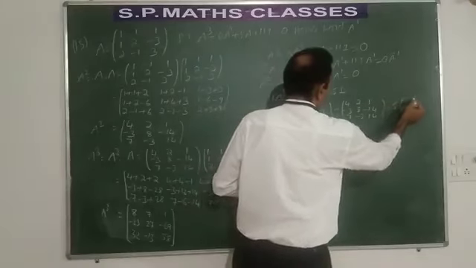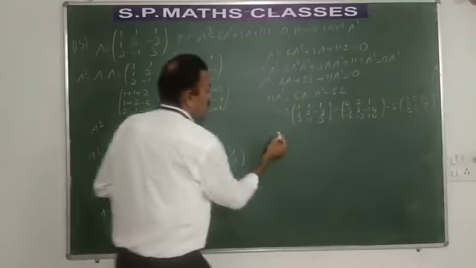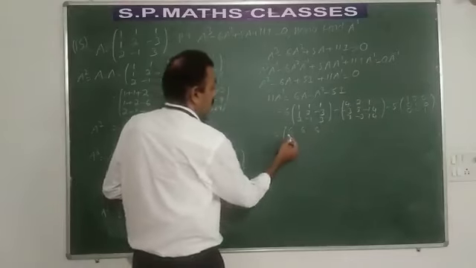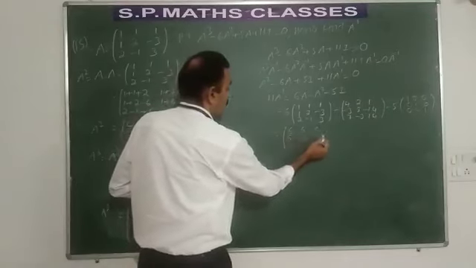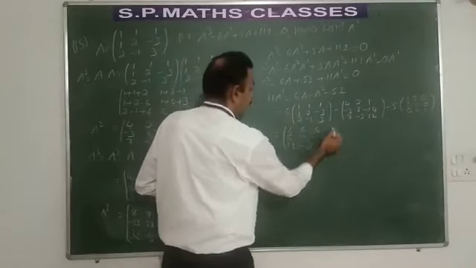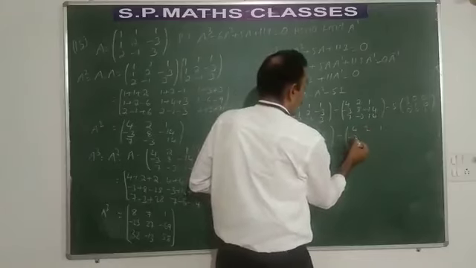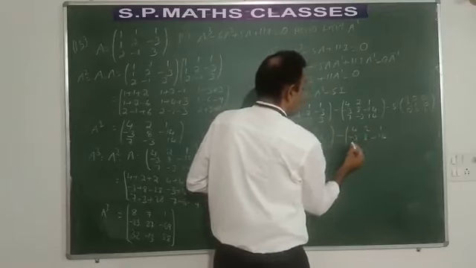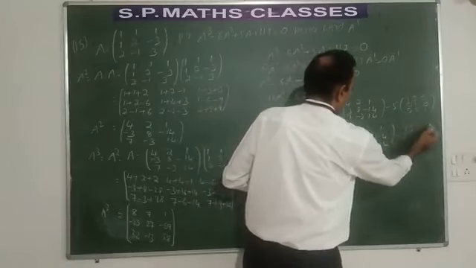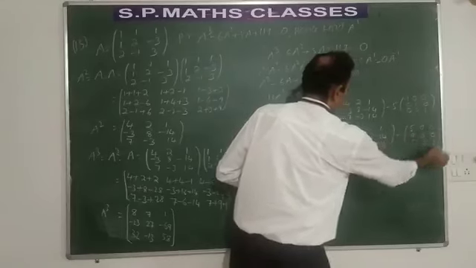Minus 5 into I: 1 0 0, 0 1 0, 0 0 1. Now multiply 6 into A: 6 6 6, 6 12 minus 18, 12 minus 6 18. Next A square: 4 2 1, minus 3 8 minus 14, 7 minus 3 14. Here 5 0 0, 0 5 0, 0 0 5.